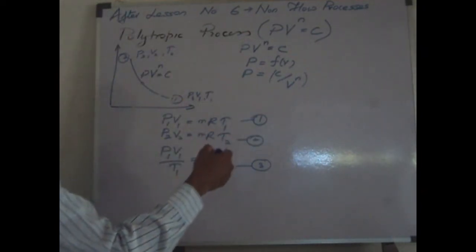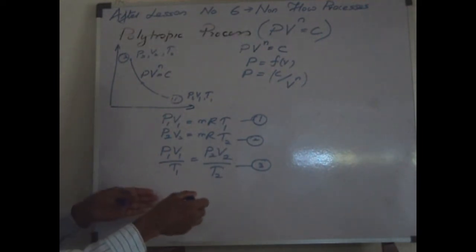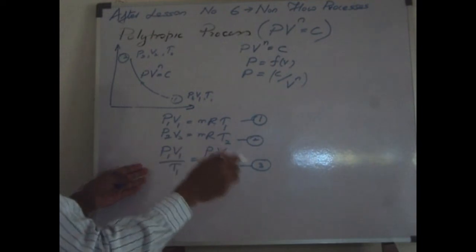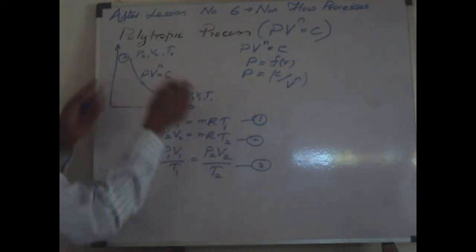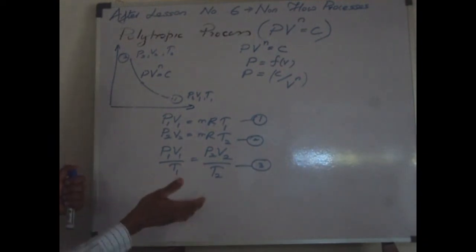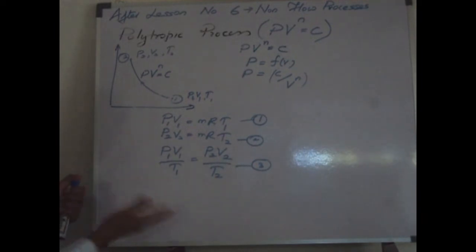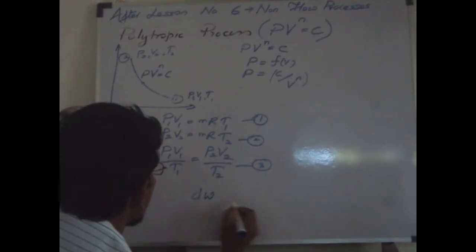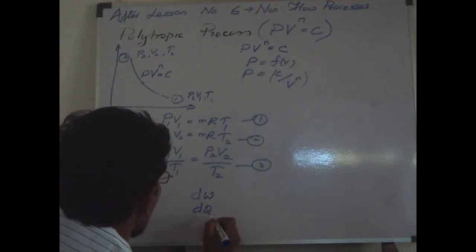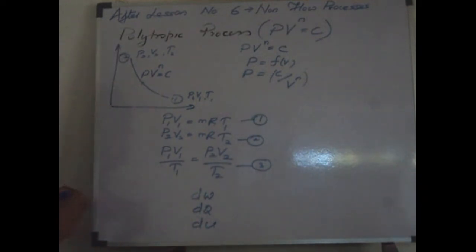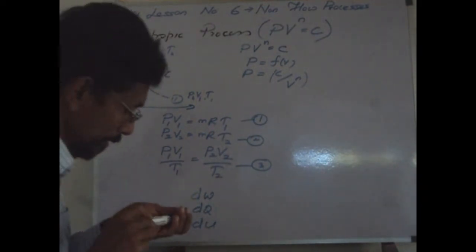Making use of these three equations, in addition Cp, Cv, R, those things also you can relate in determining R, and you can find out the properties belonging to state 1 and state 2, in other words P1, V1, T1 and P2, V2, T2. The next is determining other quantities like work done dW, heat transfer dQ and change in internal energy dE. So we'll see how we do this.